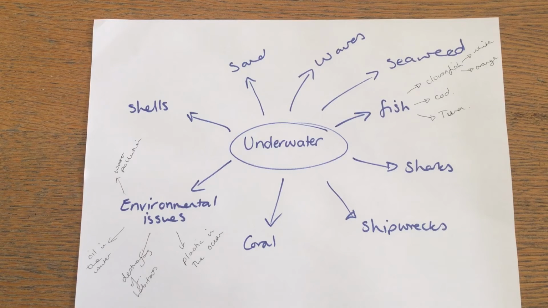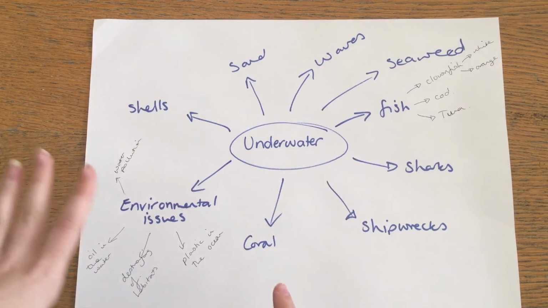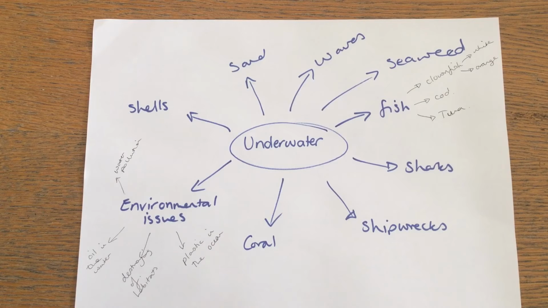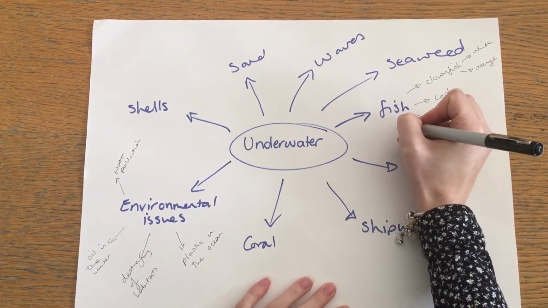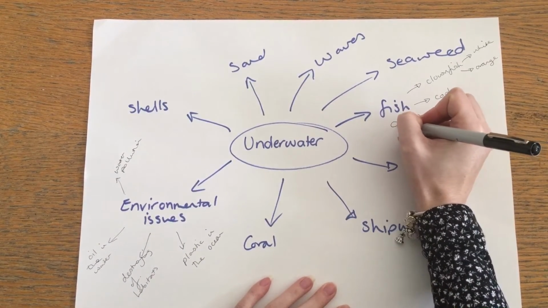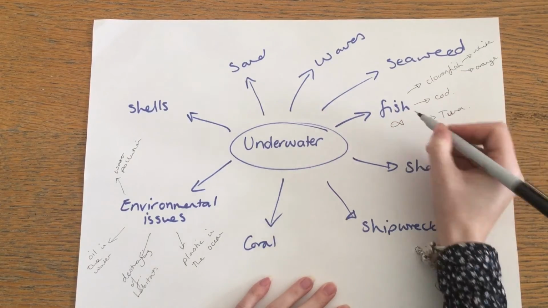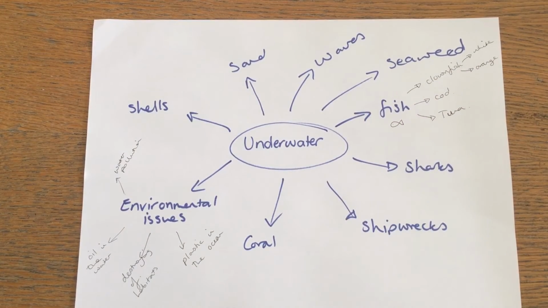The other thing I would like you to do is start adding drawings with these. So rather than keeping it a plain mind map like this with just words, try and make it a bit interesting. So it might be that you want to do it on a certain background. It might be that you want to do some small drawings. I'm just going to do a very, very quick one of things that are relating to what you're looking at.